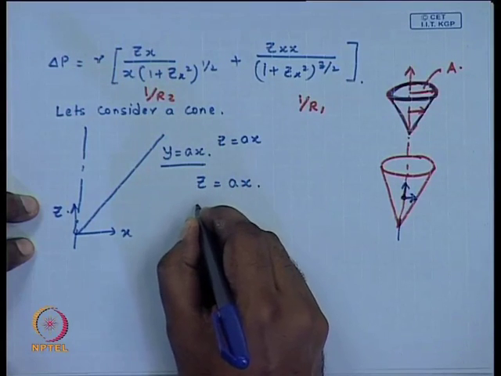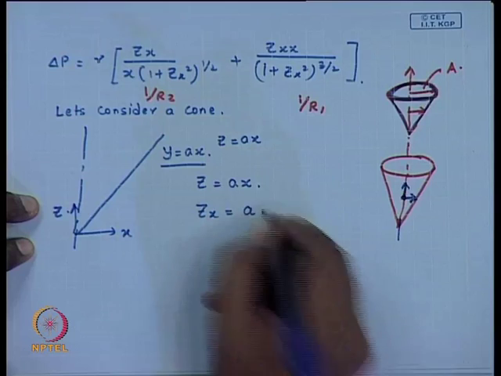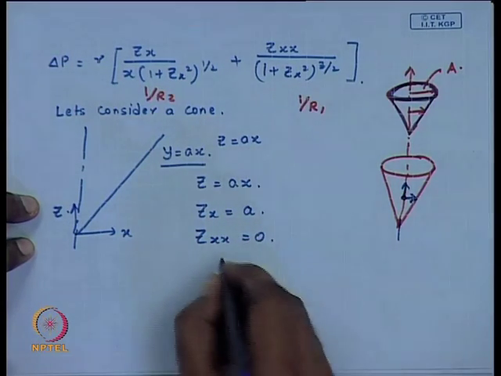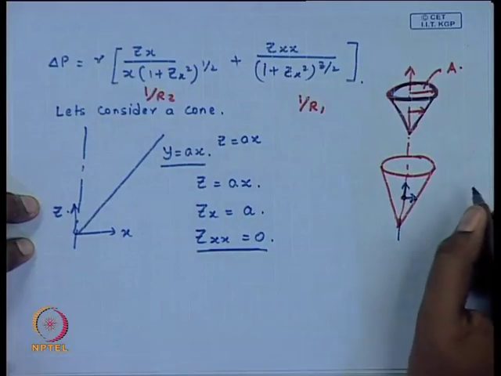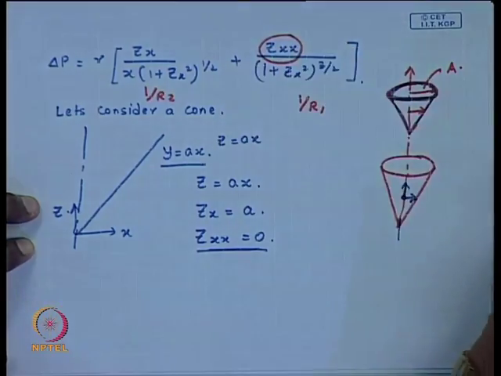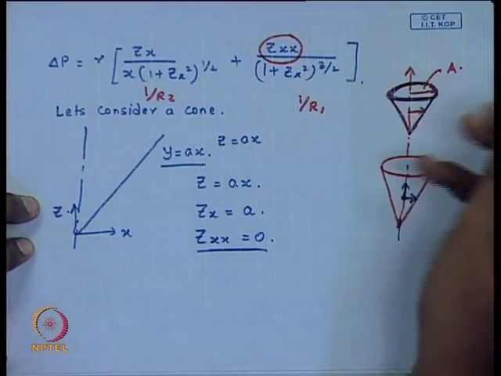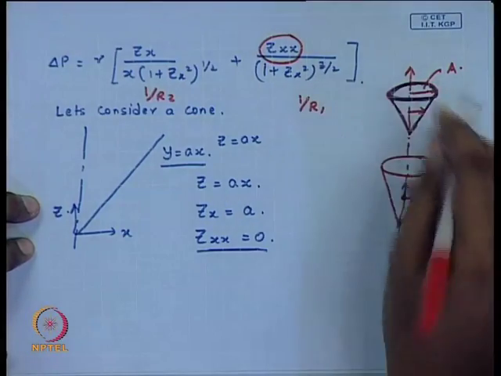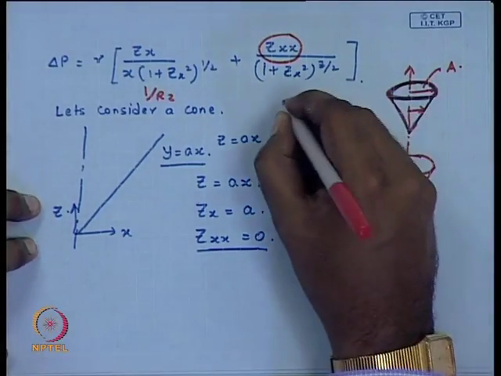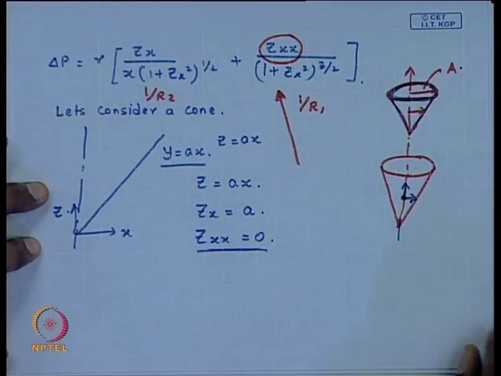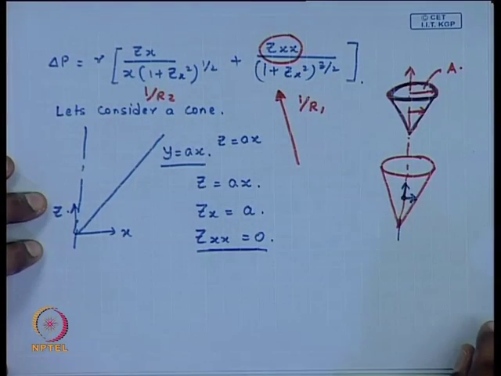So, therefore, immediately you can see the term which contains this double derivative becomes 0 for a cone, right. So, you now understand that for a setting like this, this term refers to the radius of curvature which is along the axis of symmetry.